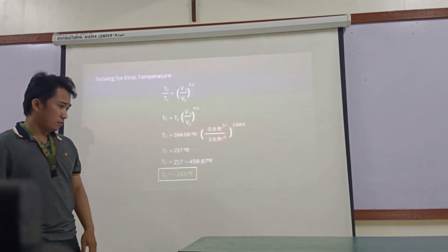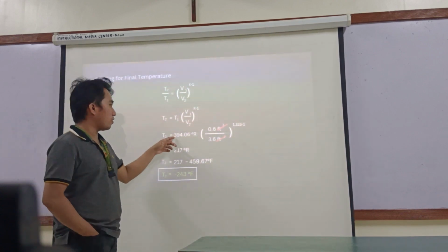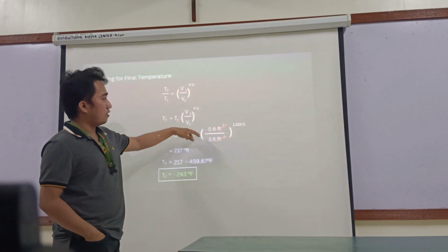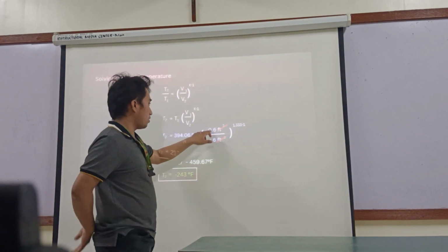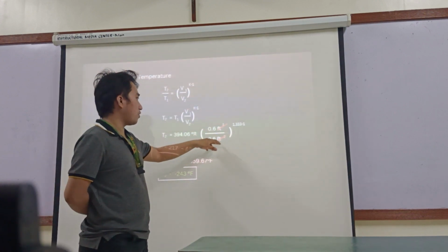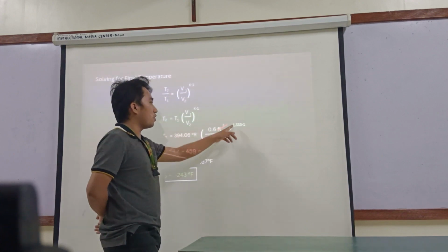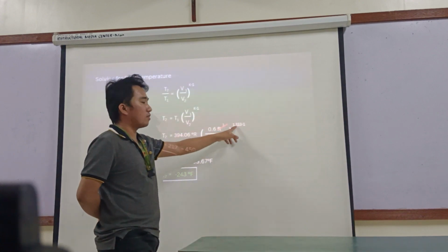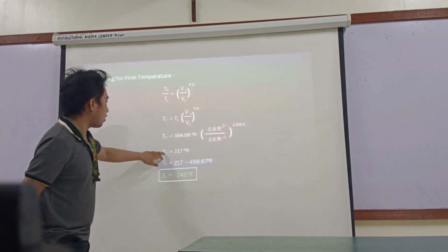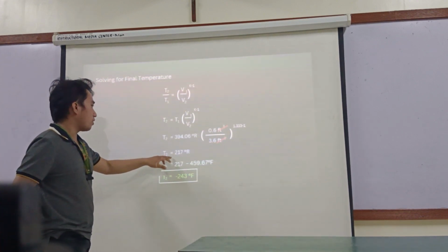So we're going to substitute the given values: 394.06 degree Fahrenheit times 0.6 cubic feet over 3.6 cubic feet, to the exponent K minus 1, 1.333 minus 1.